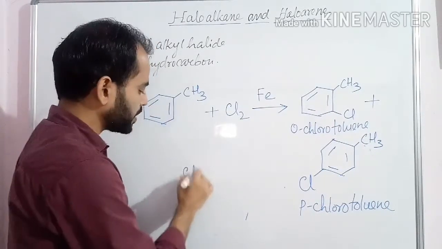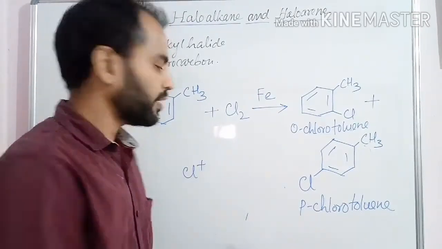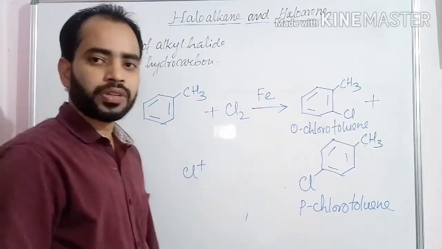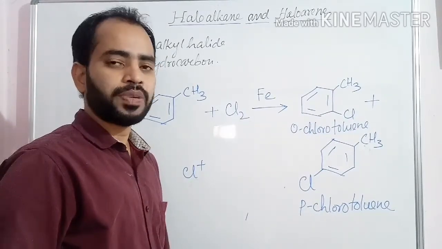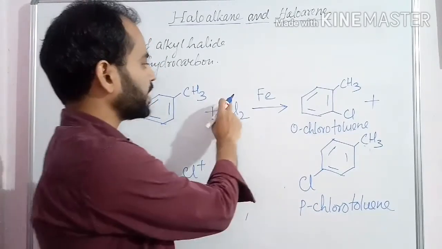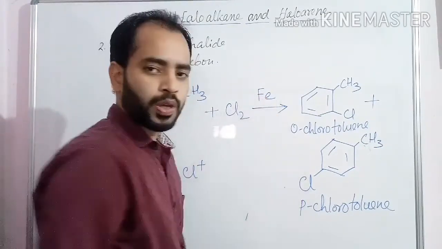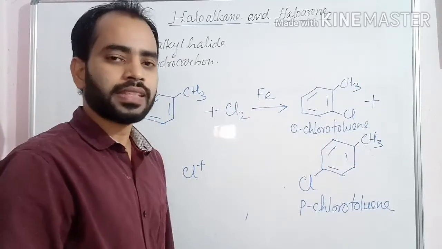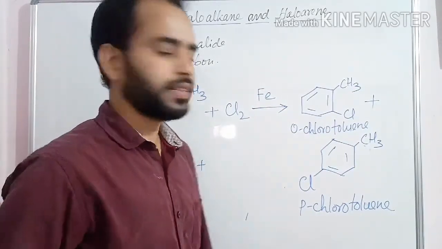So this Cl positive acts as an electrophile and replaces your H positive, so it is called electrophilic substitution reaction. It takes place in presence of a catalyst, which may be either pure Fe or FeCl3. Hope this method of preparation is clear.